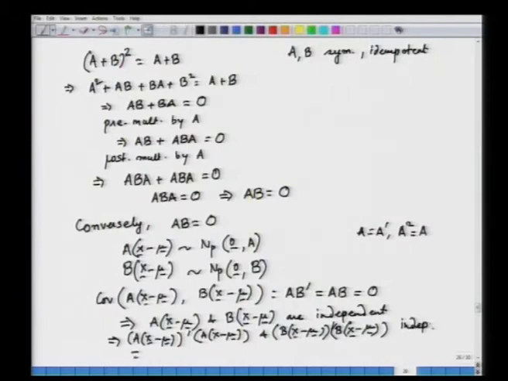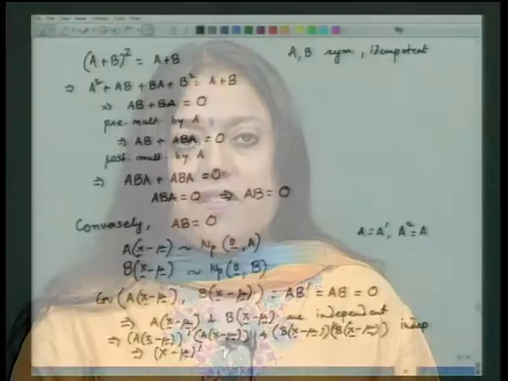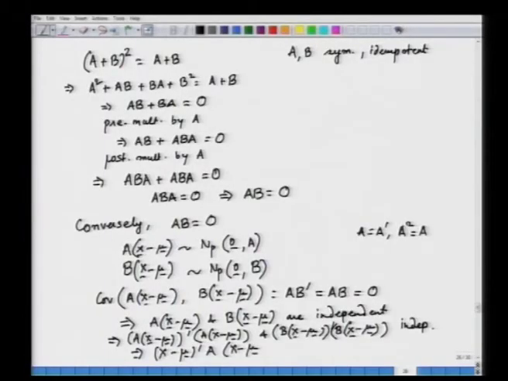This gives me (x minus mu) transpose A transpose A (x minus mu), where A transpose A is A square, which is equal to A, and (x minus mu) transpose B (x minus mu). These are in fact the two quadratic forms Q1 and Q2, and they are independent if AB is a null matrix. So, this completes the other part of the proof also.